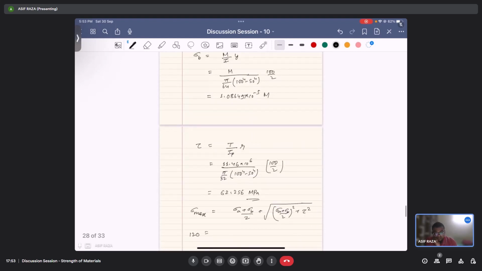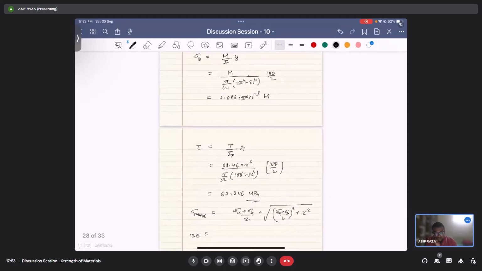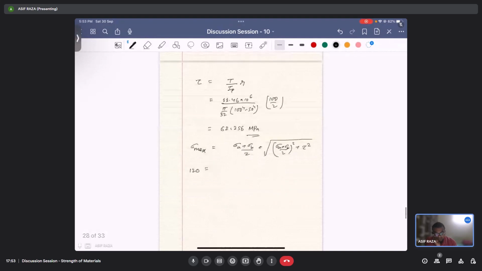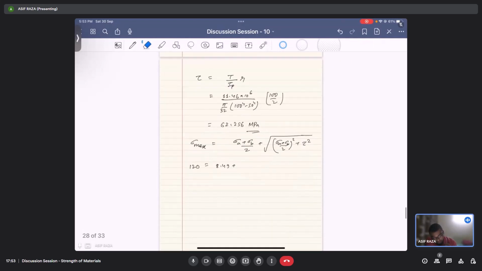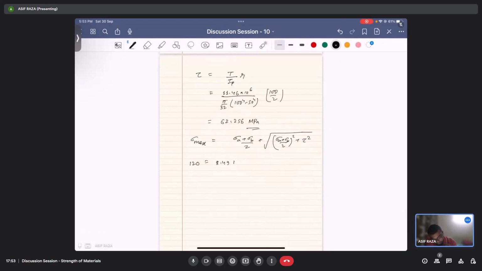Sigma A is 8.49, and I'll just write the other one as sigma b as of now, so (8.49 plus sigma b) whole square plus 62.256 whole square.